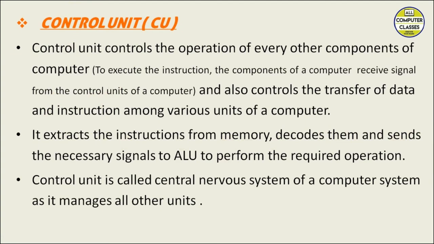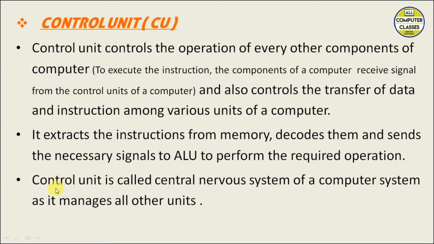So how does the central nervous system work in our body? In our body, every major organ is controlled by the nervous system, right? They are connected to each other. That's how they are working in harmony with each other. In the same way, all the units of the computer are controlled by and connected to the control unit.